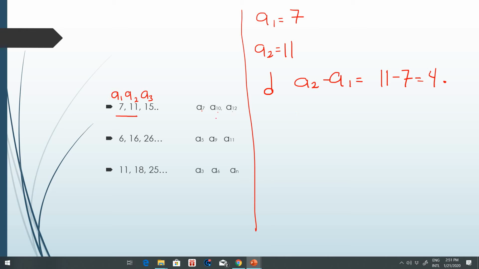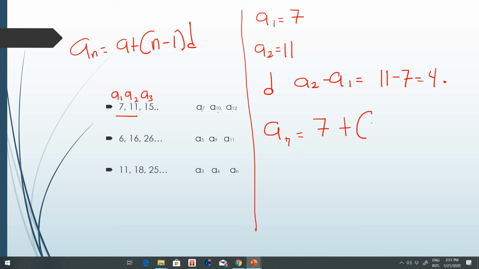Cool. Now A7. Remember our formula, An is A1 plus (n minus 1)D. So our A7 is 7 plus 7 minus 1, and our D is 4. 7 minus 1 is 6, 6 times 4 is 24, and 24 plus 7 will give us 31. So A7 is 31.